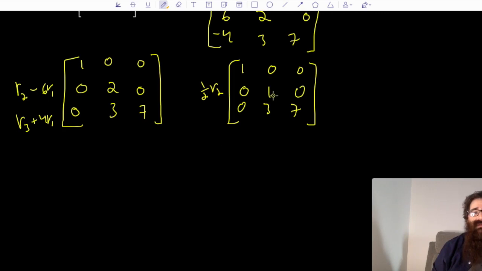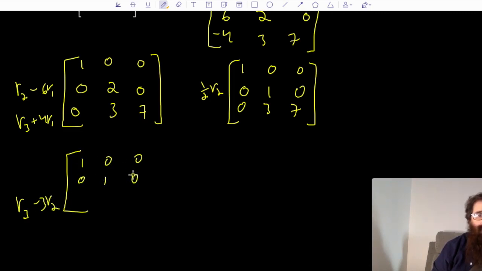Because now I can use this 1 in the second entry of row 2 to get the 0's already above it, but to get the 0 beneath it, where this 3 is. So I can replace row 3 with row 3 minus 3 times row 2. So I can rewrite row 1, I can rewrite row 2, but in row 3's position, I get 0 minus 3 times 0 gives me 0. 3 minus 3 times 1 gives me that 0 that I wanted. And 7 minus 3 times 0 gives me 7.